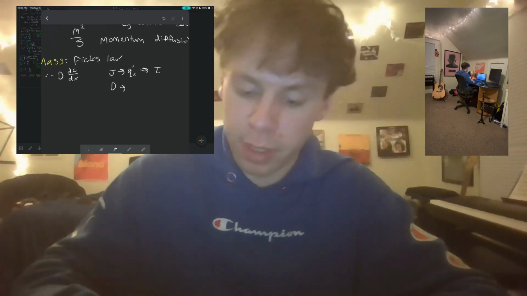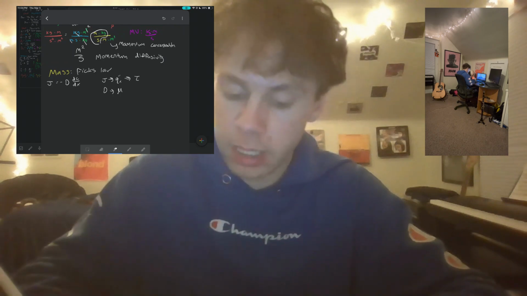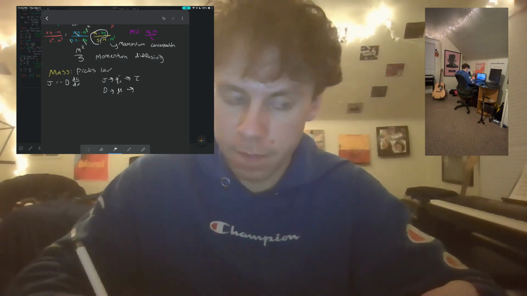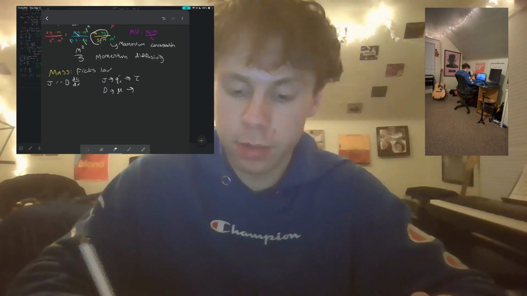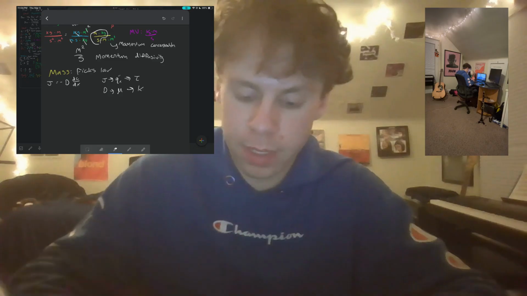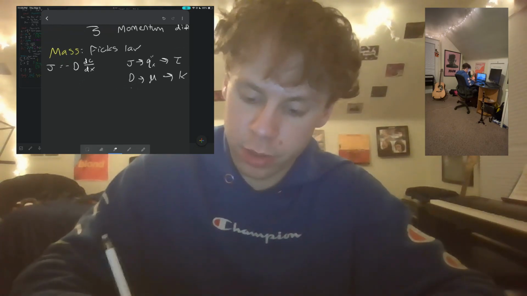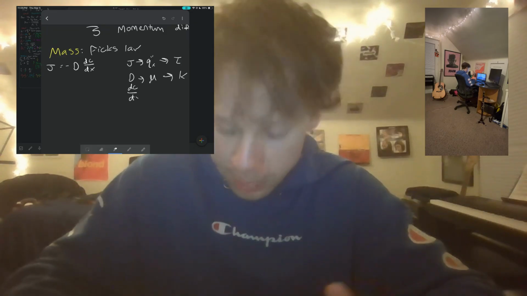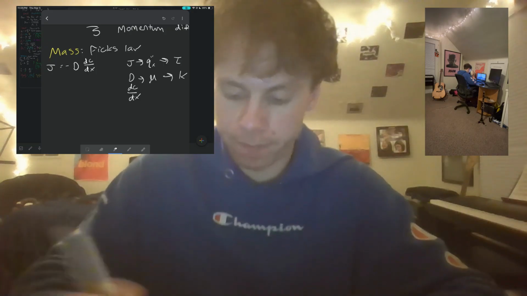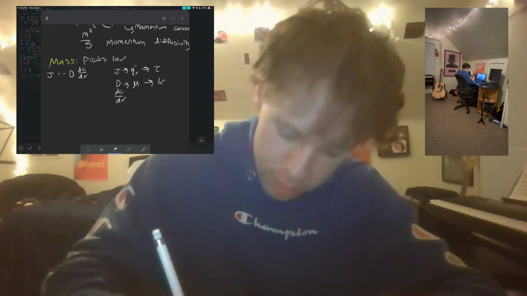Momentum diffusivity being the viscosity, and the thermal diffusivity being the thermal conductivity. And then our change in concentration over change in position, that is our concentration gradient. Let me write that in.